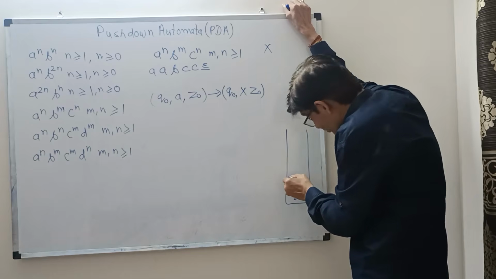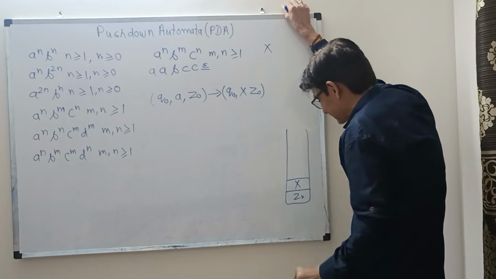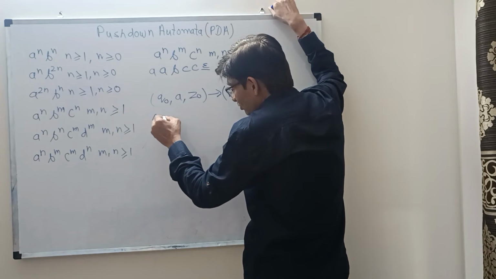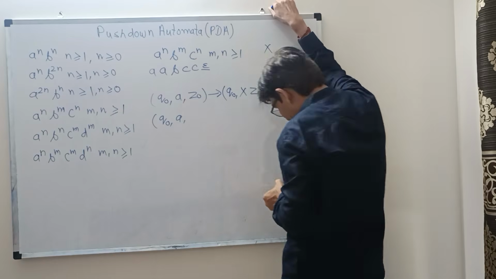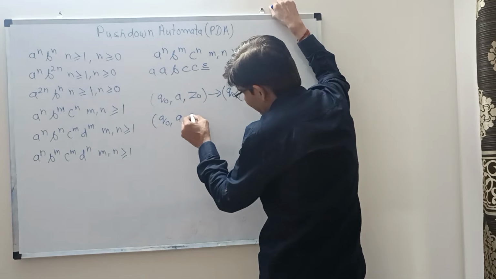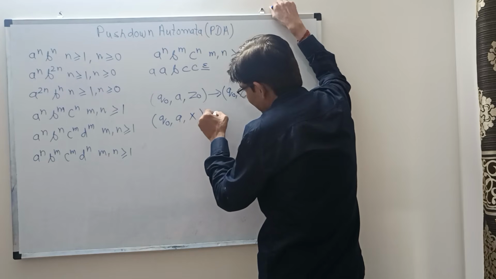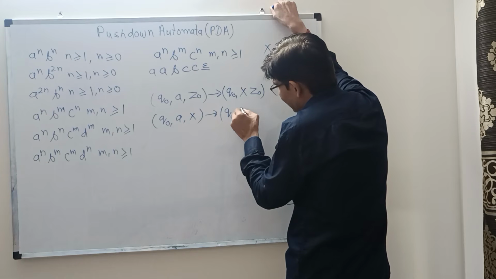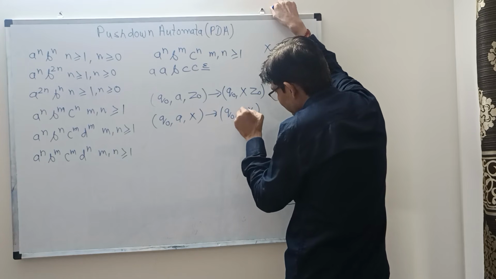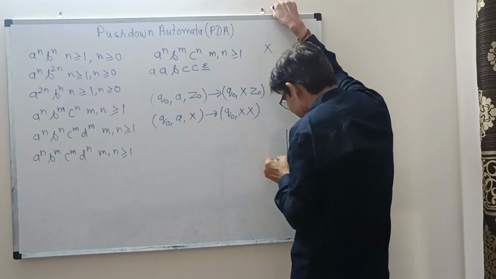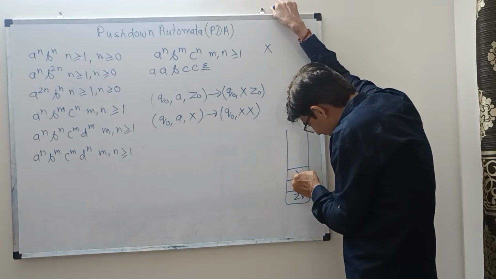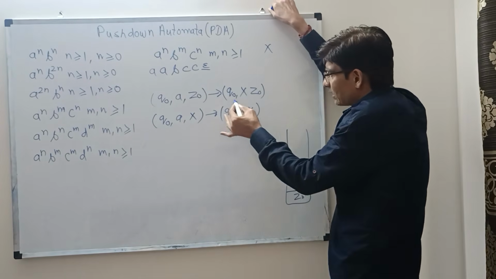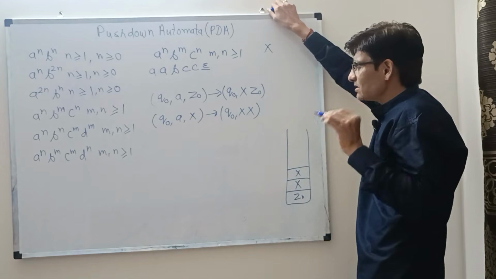Now you read A again in Q0, but this time X is on top of the stack. For a valid string, I can make one transition for this also: Q0, A, X, then X. So we have pushed one more X into the stack. Now any number of A's you can read with this transition.